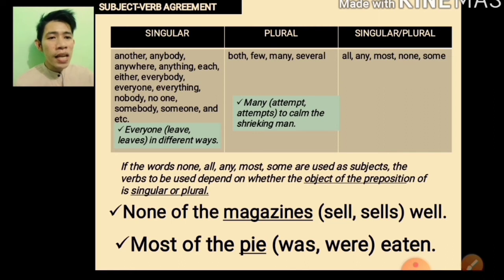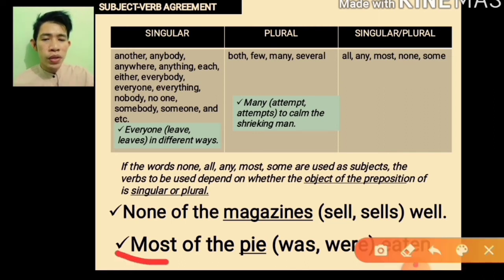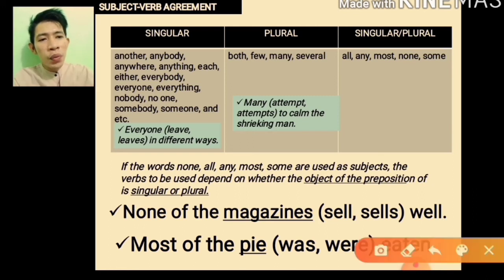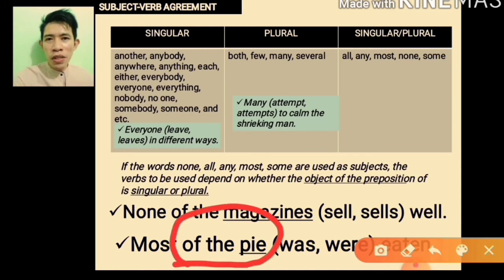So, in this case, we have encountered the word most. Tama? And it can be singular or plural. Malalaman natin kung ano yung verb na gagamitin if it depends on the object of the preposition. Now, in this case, where is our of preposition? Ito yon, di ba? Yan yung of preposition natin or phrases.